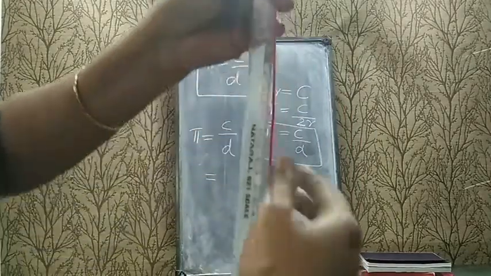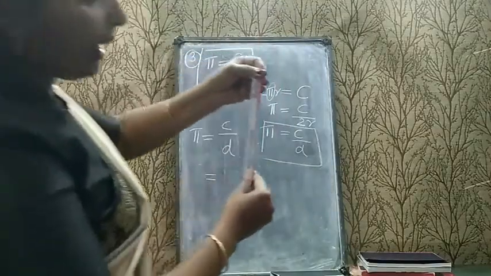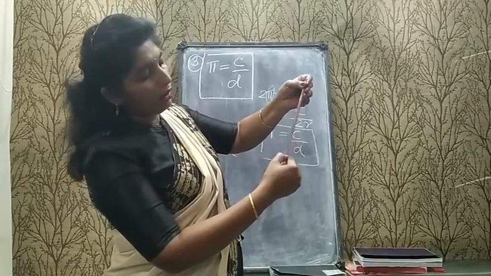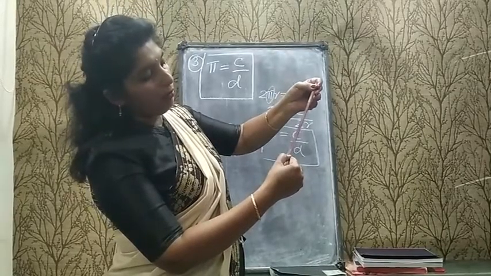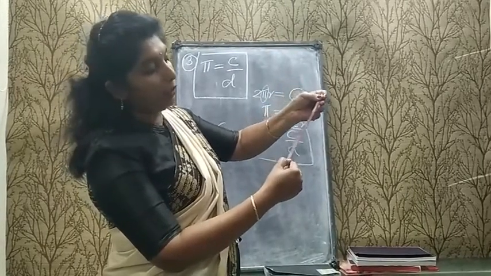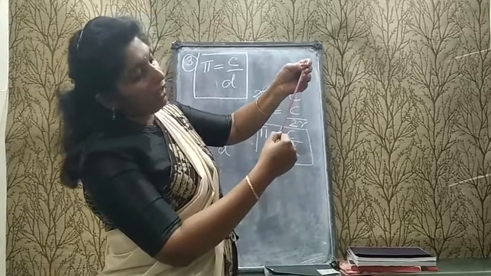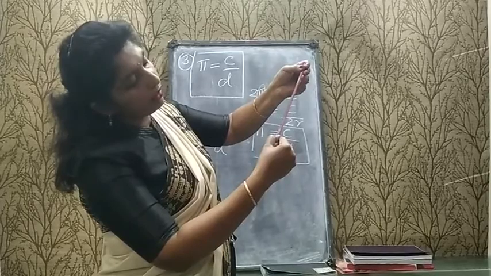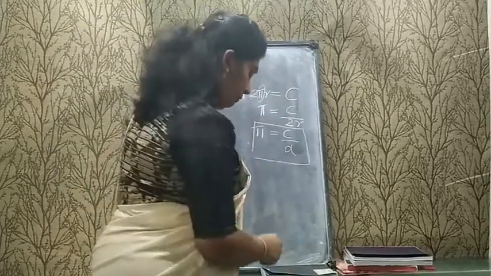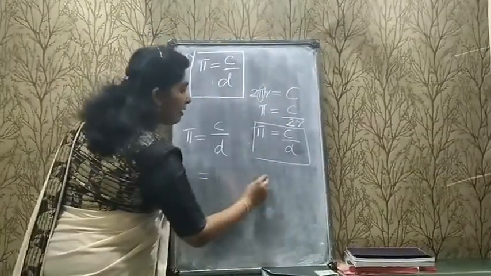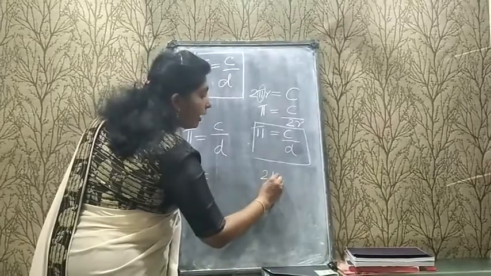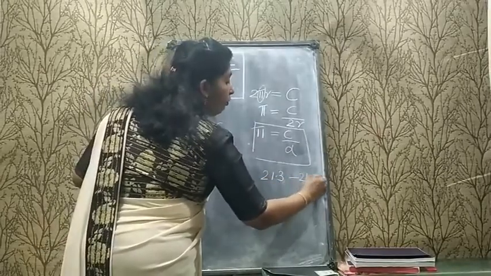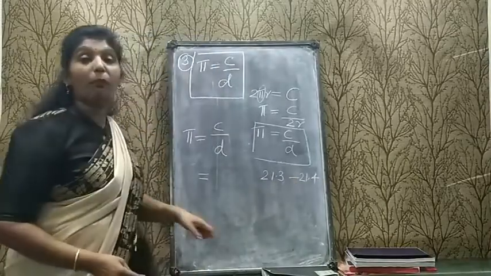So here I took one circle and I got the length of the boundary as 21 point, I am not getting the exact number. So I will write it in the same way. It is coming in between 21.3 and 21.4. I am not getting the exact number.